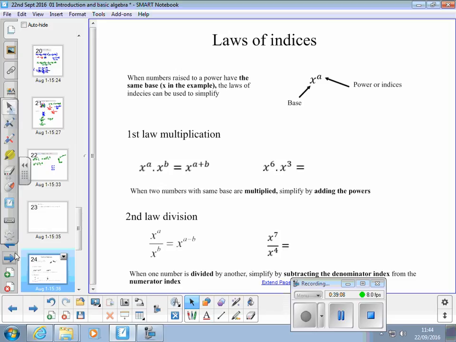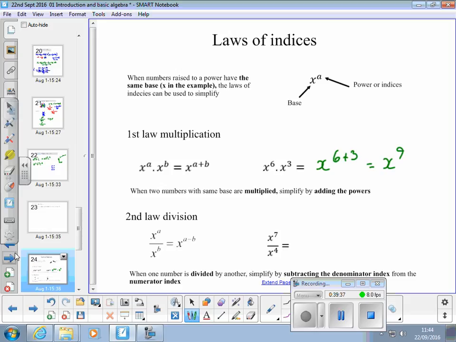The first law is for multiplication, and we just now used that. If we've got x to the a times x to the b, we can simplify that to x to the a plus b. So here we've got x to the 6 times x to the 3. We can say that's x to the 6 plus 3, equals x to the 9.